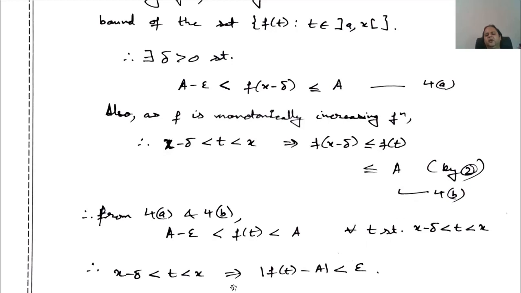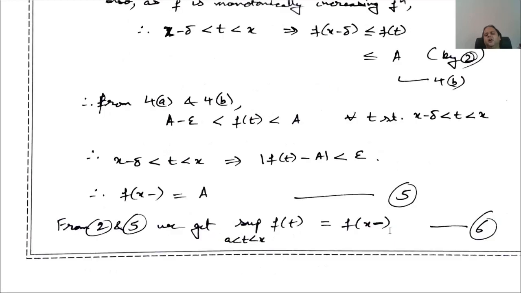Because it is between the interval A minus epsilon to A, I can easily say that this is less than or equal to A plus epsilon also, and therefore the distance between f(t) and A is less than epsilon, where t belongs to this interval. And that tells me what? That tells me the limit, because we are taking the left-hand neighborhood of x.